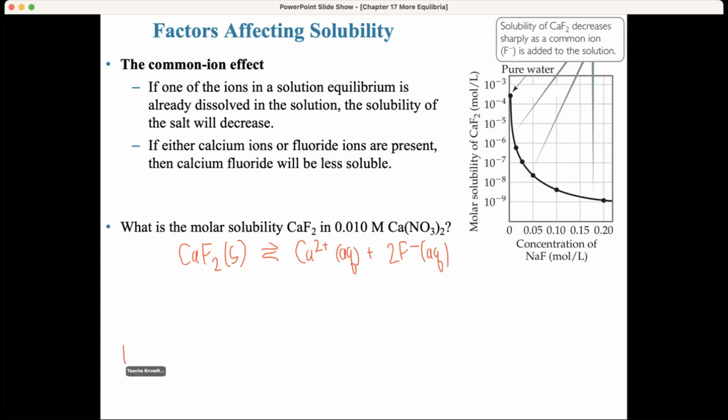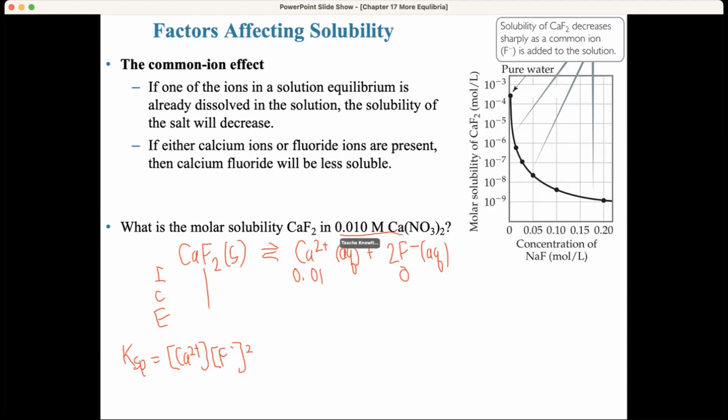I'm going to even write my KSP down here: calcium times fluoride squared. So I'm going to fill in my ice table. Now, instead of writing a 0 for calcium, I'm still going to do it for fluoride. I'm going to write 0.01 molar coming from this guy.